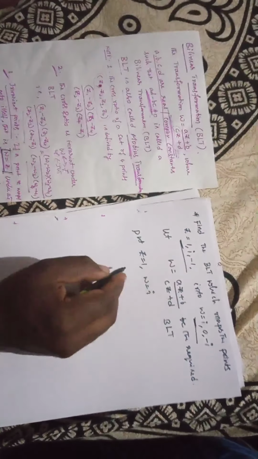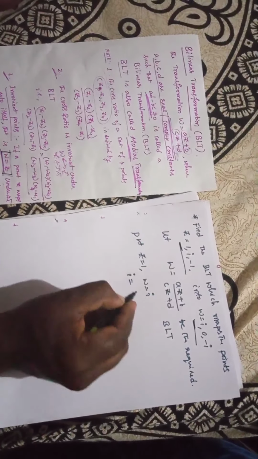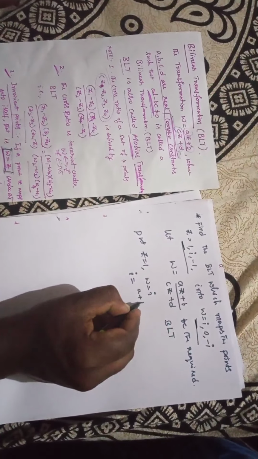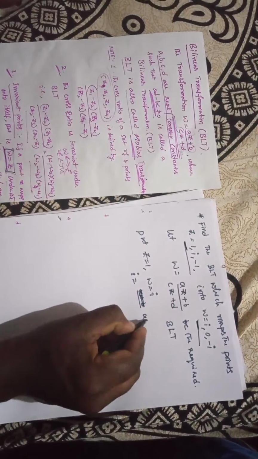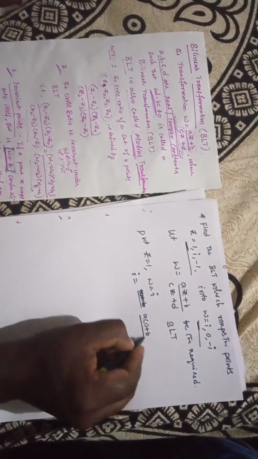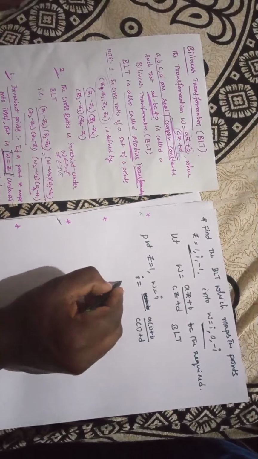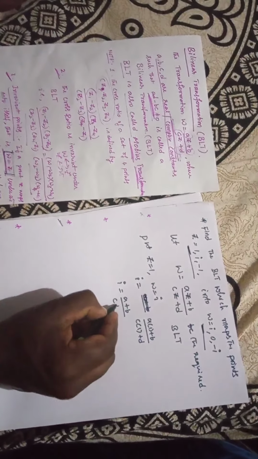Then w is i, and az plus b becomes a into 1 plus b, over c into 1 plus d. So i equal to a plus b by c plus d.